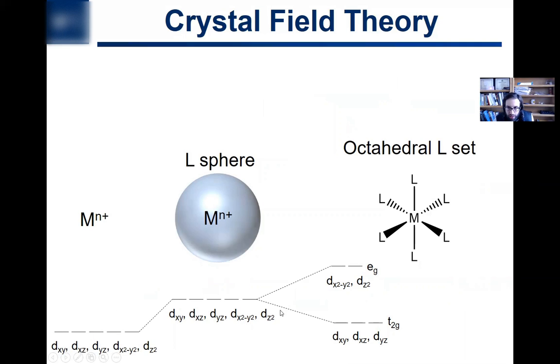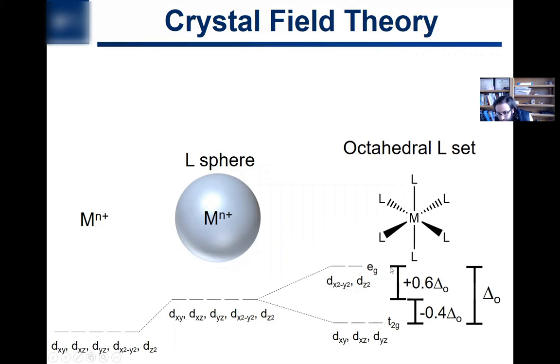We put on a spherical ligand sphere that increased electron-electron repulsion between the valence electrons on the ligands and the valence electrons on the atom. That caused all of the five d orbitals to increase in energy. But because we're in a spherical ligand sphere, the energy of all five d orbitals is the same. Only when we impose octahedral symmetry, Oh, do we split the energy into three T2gs and two Egs.